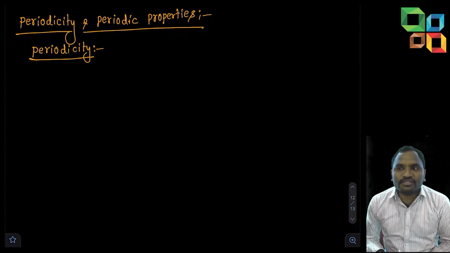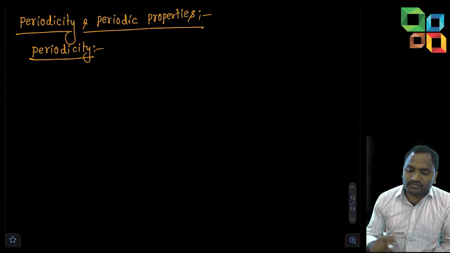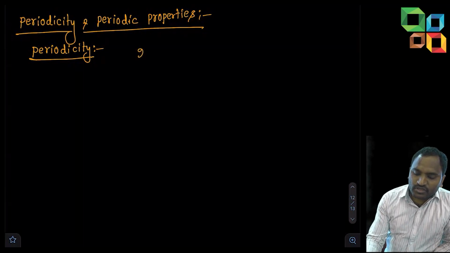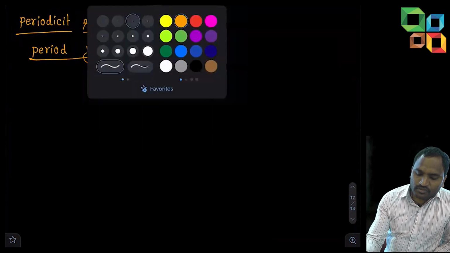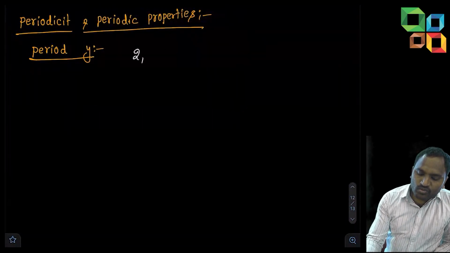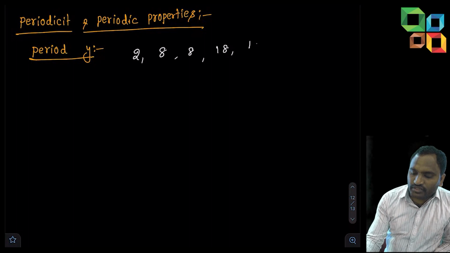Newlands said there are such intervals, but it was proven wrong. Those intervals are in the form of 2, 8, 18, 18, 32.